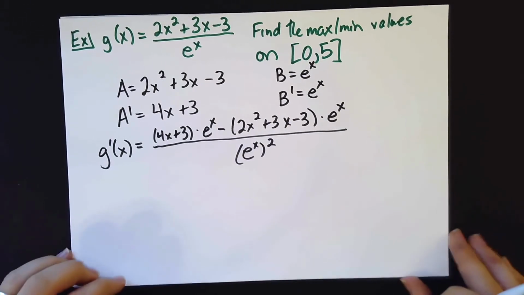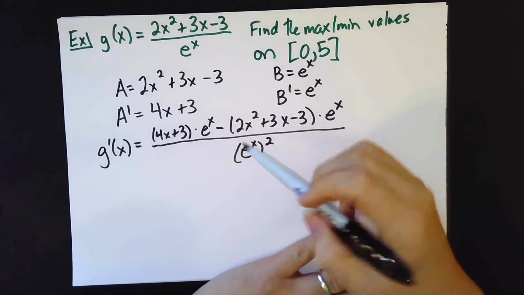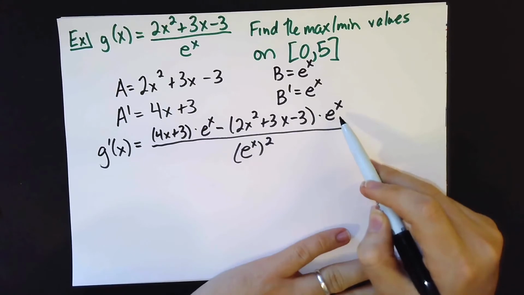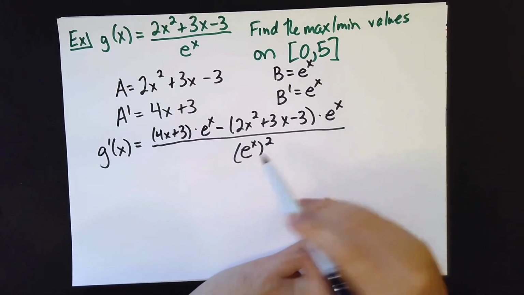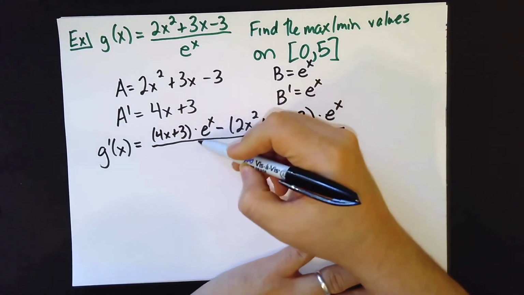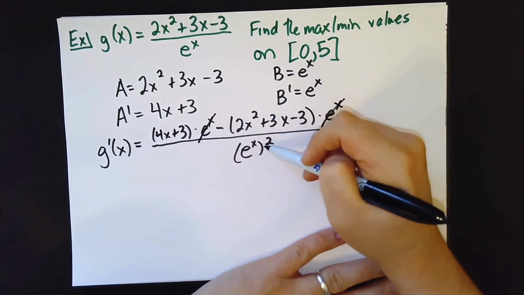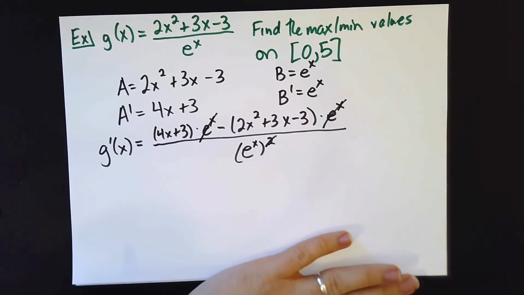Now, it might make my life a little bit easier if I notice that there's an e to the x in both terms in the numerator, and there's also, in fact, 2 e to the x's in the denominator. So, in fact, I can cancel these e to the x's with one of my e to the x's from the denominator.